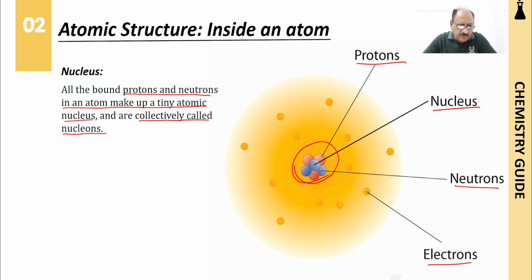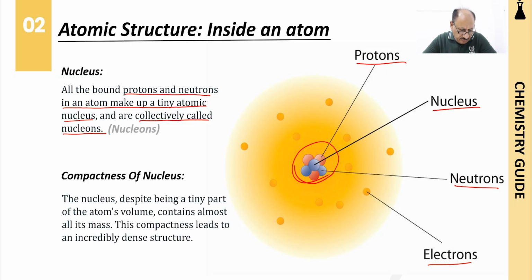Then we can see the compactness of the nucleus. The nucleus, despite being a tiny part of the atom's volume, contains almost all its mass. Electrons have very little, negligible mass.